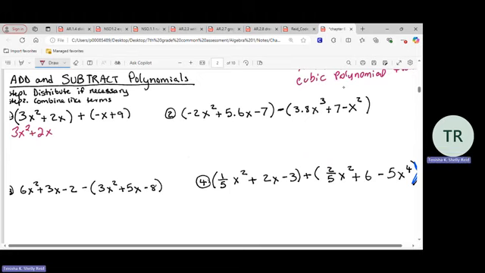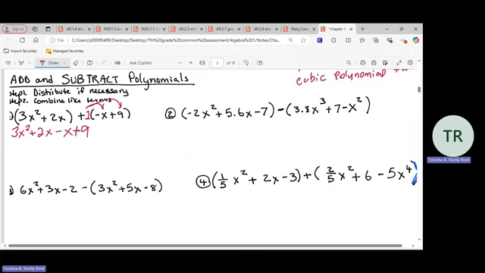This positive is like a positive 1. We're going to distribute it to get rid of the other parentheses. So this is now positive 1 times negative x. Positive 1 times negative 1x will give me negative x. And then positive 1 times positive 9 is going to give me a plus 9.